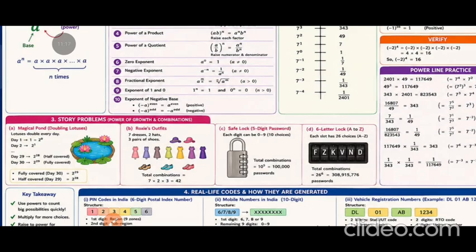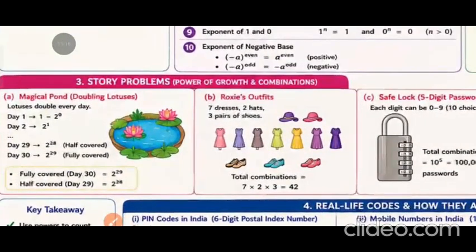So day 29 will be 2 raised to the power 28. And day 30 is 2 raised to the power 29, and on day 30 this magical pond gets fully covered. So half covered on day 29 with 2 raised to the power 28, and fully covered will be 2 raised to the power 29 in 30 days.